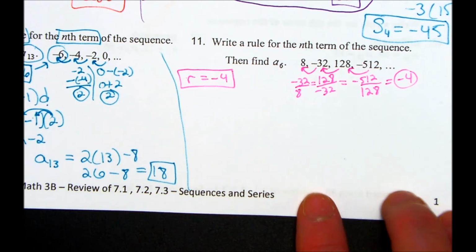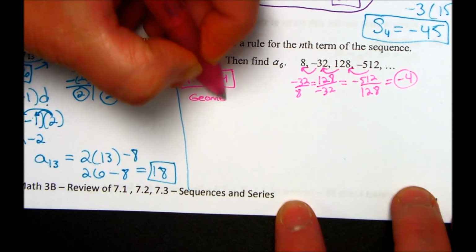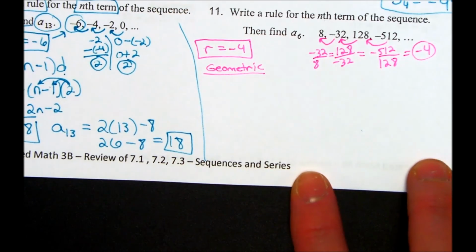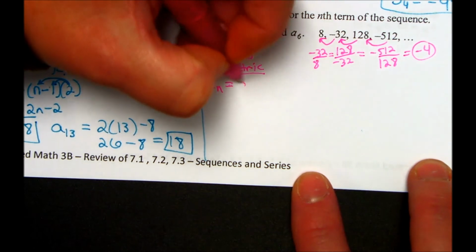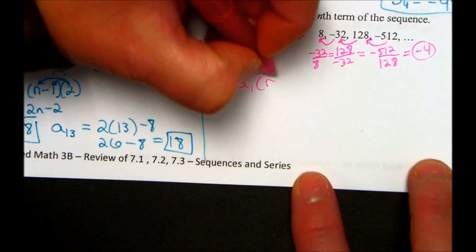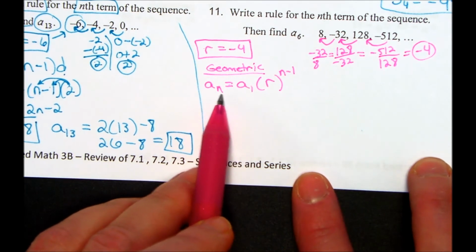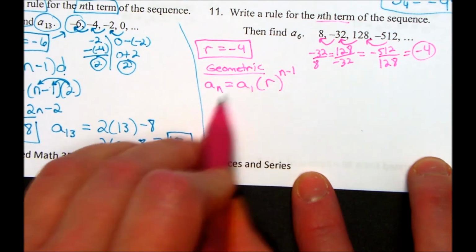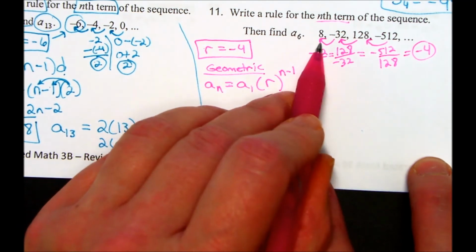Okay, so what else do we need? Well, the formula to write the geometric sequence is a sub n equals a sub 1 times r to the n minus 1. So since we're writing the rule for the nth term, n is now part of our equation, but a sub 1 we are given.